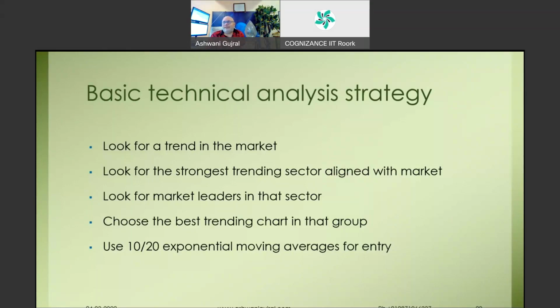What is a market leader? Like in the energy space, the market leader is Reliance. Like in the metal space, the market leader is Tata Steel. So choose the best trending chart in the best trending sector in the direction of the market.